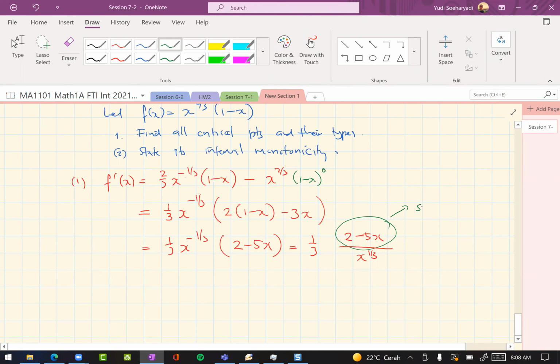So this determines the stationary points. When the derivative doesn't exist, that means the denominator is 0.